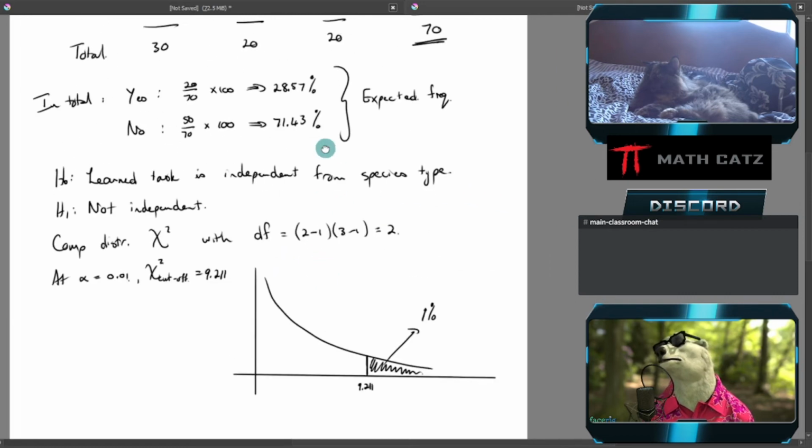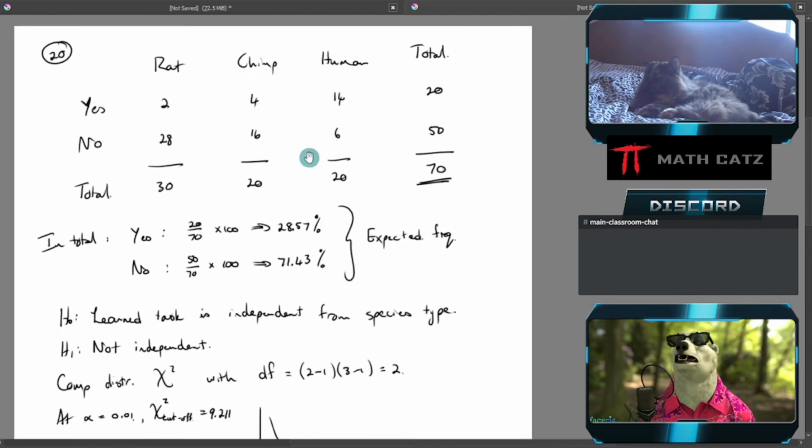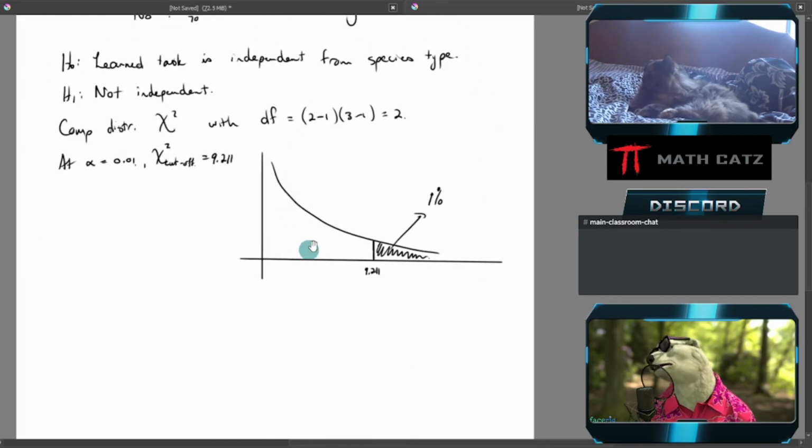If from the table of observed information we get a chi-squared that falls to the left of this, that is going to be interpreted as just common natural fluctuation when I take a sample. But if it is further to the right, we consider that to be so extreme and so rare that we wouldn't just stumble upon a chi-squared score like that.